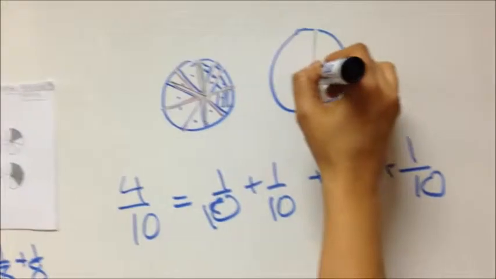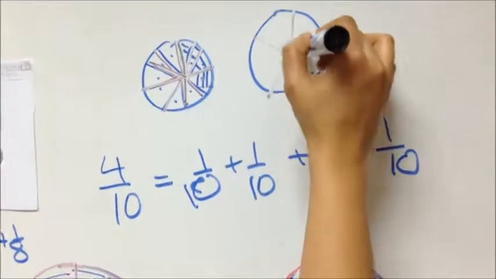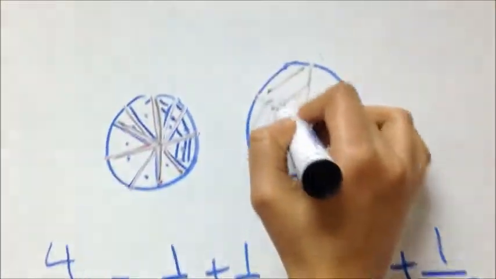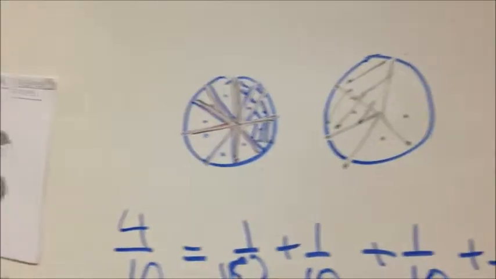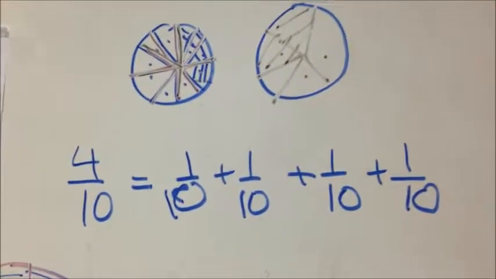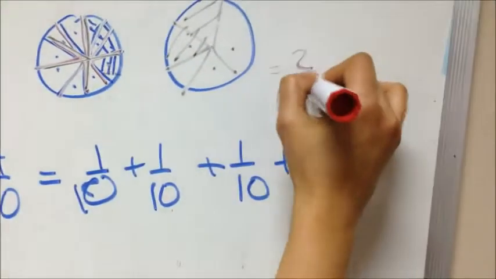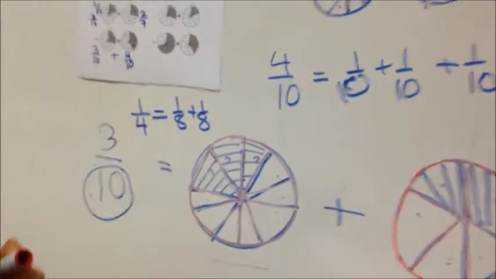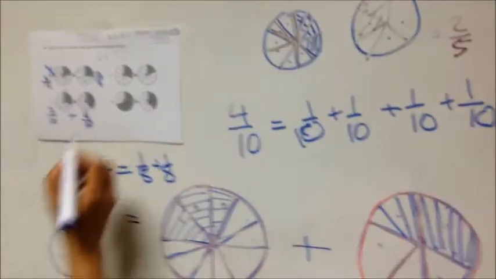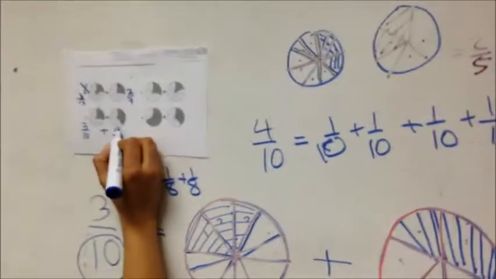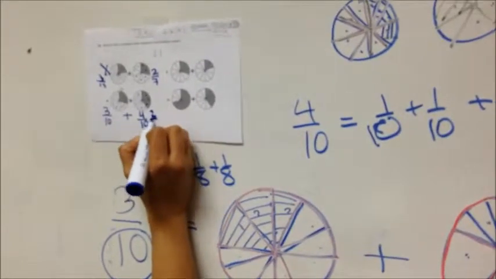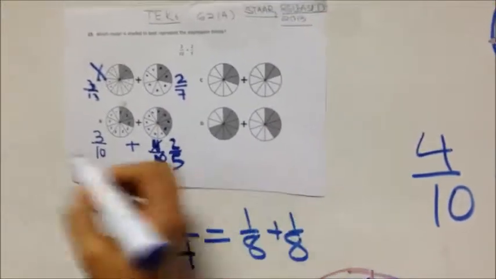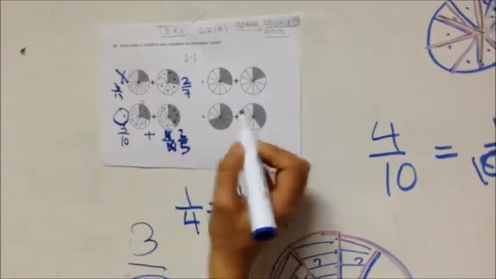So if you divide into 5, 1, 2, 3, 4, and 5, that would be equivalent to 2/5. So now we know 4/10 is equal to 2/5. So we just cross this out. So this looks like our option, but let's examine the last one.